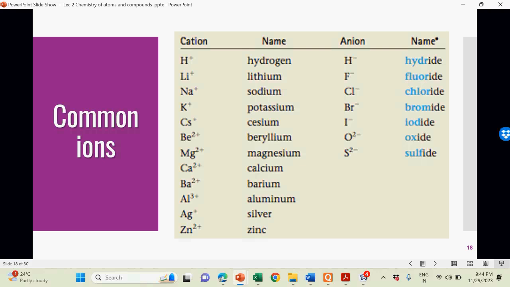Since it behaves like the nonmetals by accepting an electron, it will be hydride instead of hydrogen. But the positive ions sustain their original names without any change; you just add the positive charge on the symbol of the atom, indicating the ionic nature. Okay.